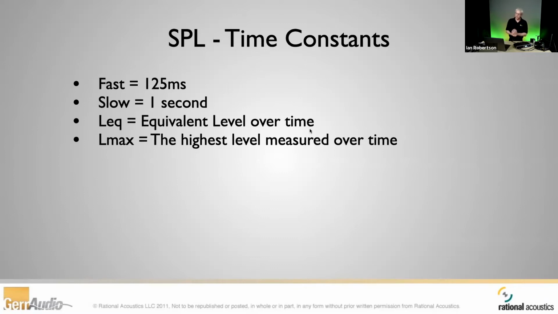LEQ means equivalent level over time, and that we can adjust. So there's a way to put in a number that will define how long that averaging is going to take. And then the other one that you sometimes see is L max, and that's the highest level. Think of it as a peak detector. It just holds the highest SPL that it sees over the course of the event, and that's what you get.